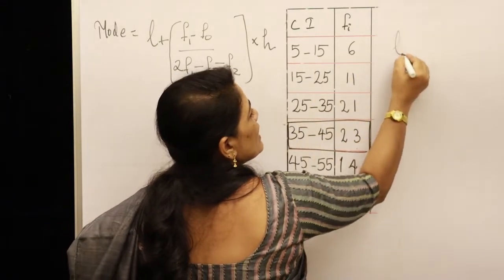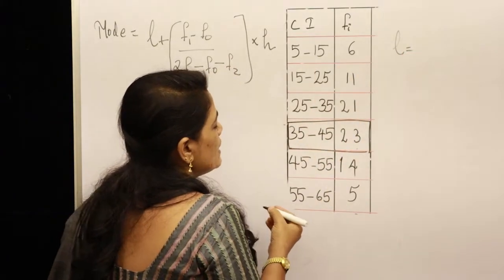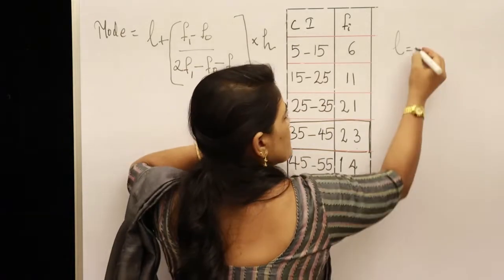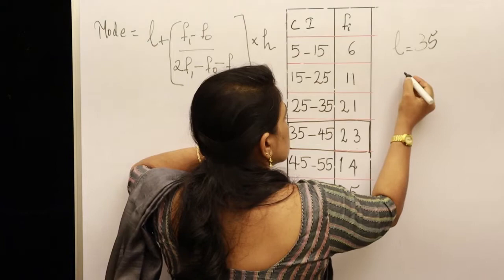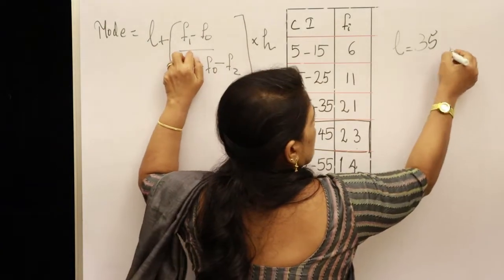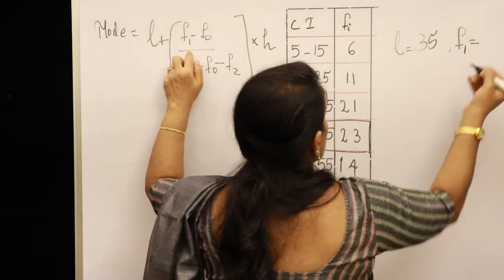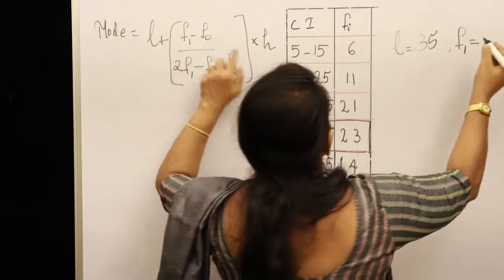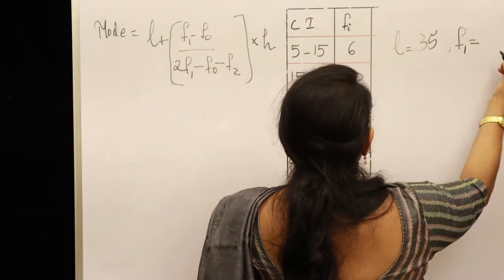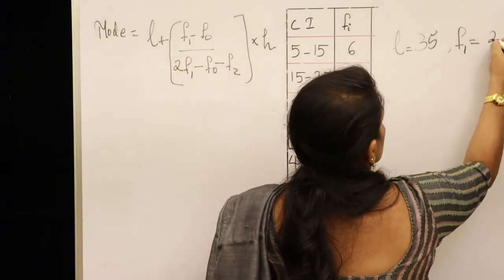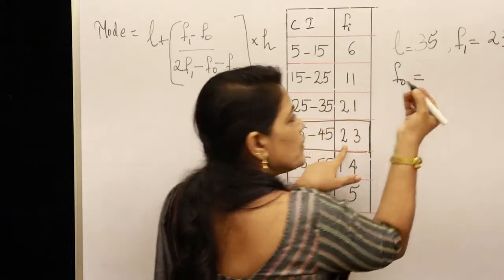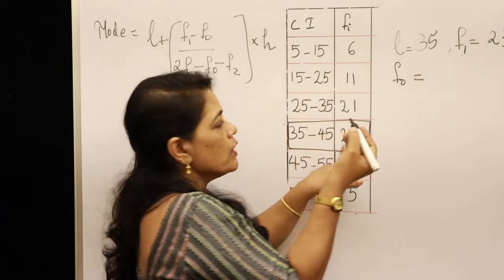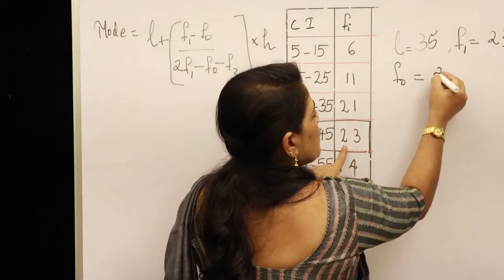Okay, so L is equal to 35, the lower limit. Okay, and F1 is the frequency of the modal class, that is 23. Okay, F0 is the frequency of the class preceding the modal class, and that is 21.